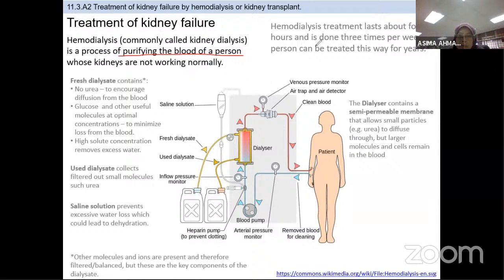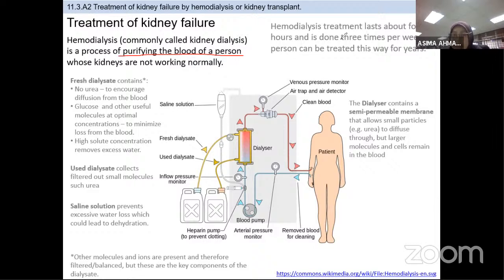All right, and then so this hemodialysis treatment lasts about 4 hours. And they have to spend about 4 hours, and it is done 3 times per week. This one actually depends on the level of the kidney failure, right, how severe it is. But I think the maximum is this one, right, 3 times per week, 4 hours per session.